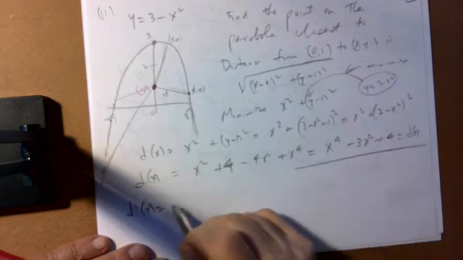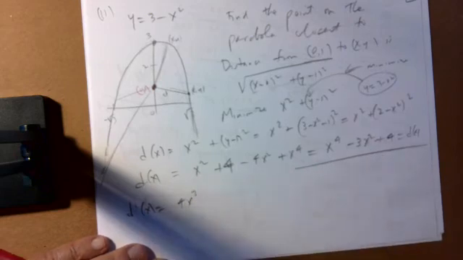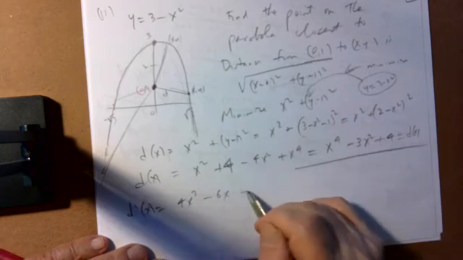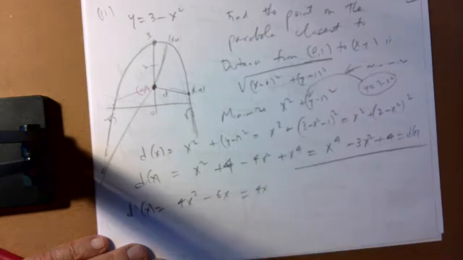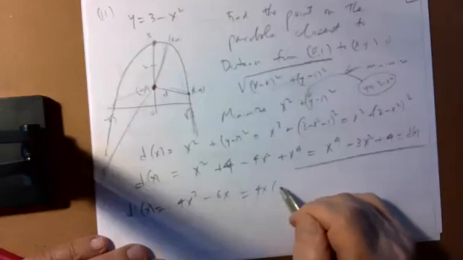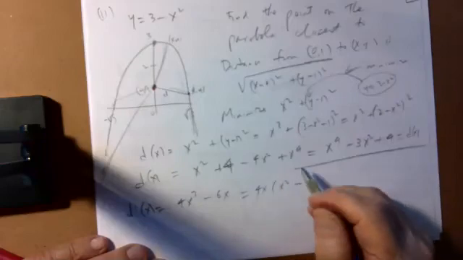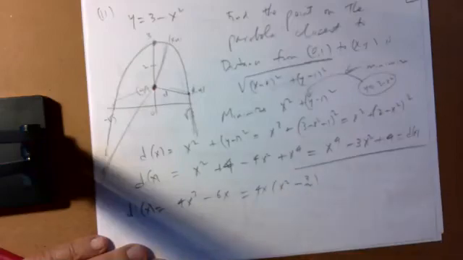What's the derivative? 4x cubed minus 6x. Let's see, if I factor out 4x, I get x squared minus 3/2.